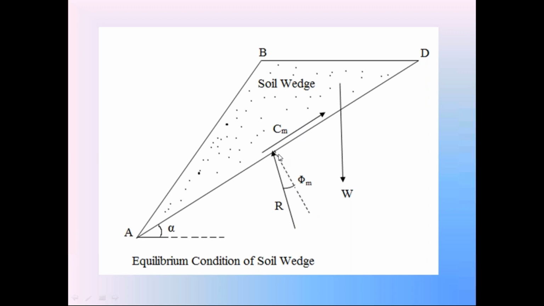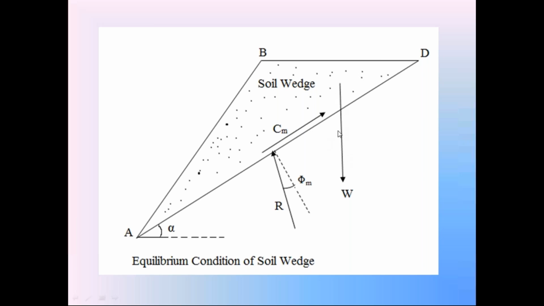This normal is perpendicular to surface AD. So check this free body diagram of the soil wedge. Because of these three forces, W, Cm and R, the soil wedge is in equilibrium condition. It remains in the same position in the structure because of these three forces.